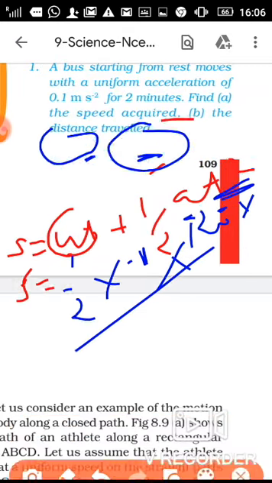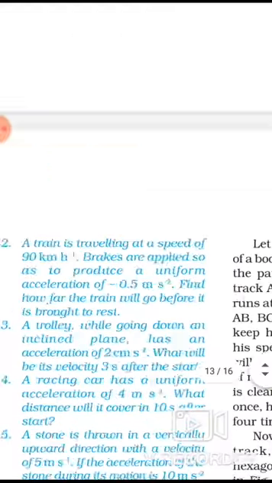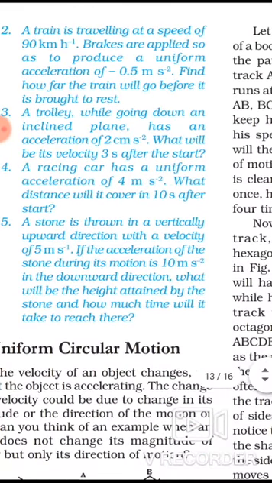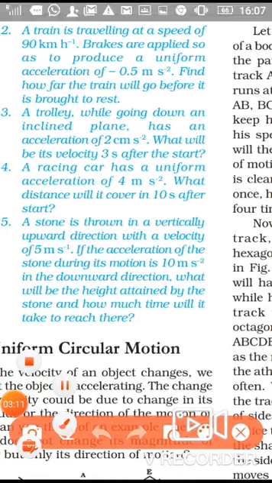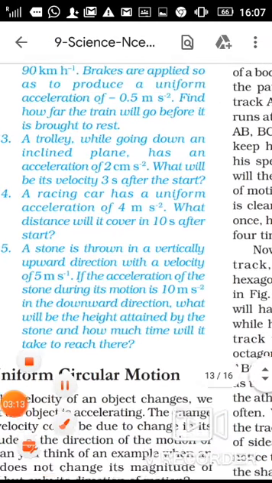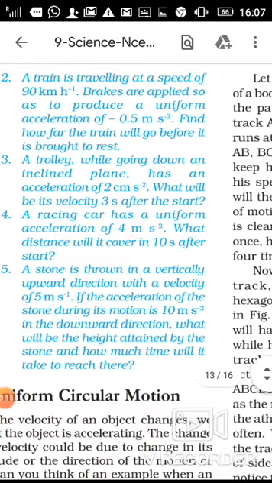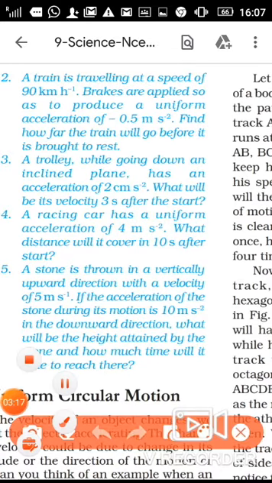Okay, now I am going to solve the second question. A train is traveling with a speed of 90 km per hour. This is the initial speed, this is u.